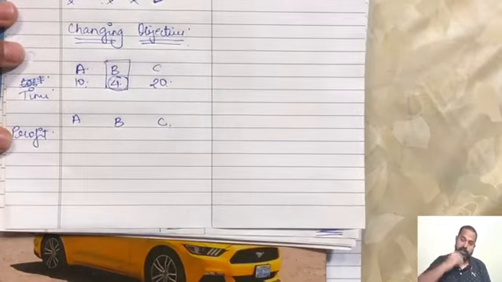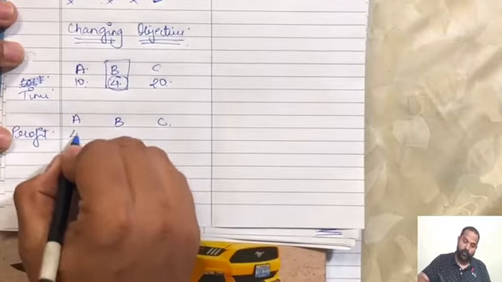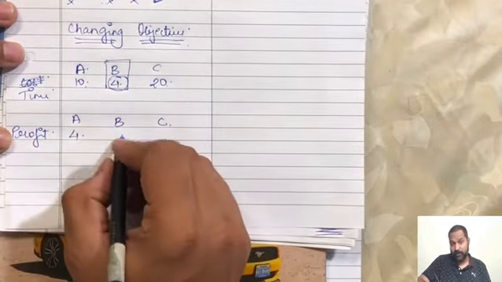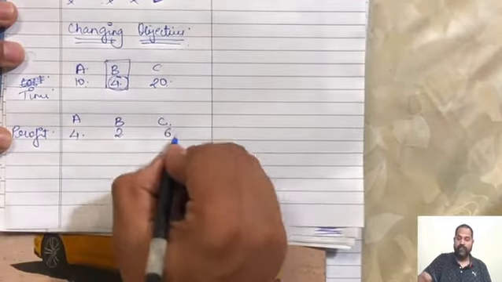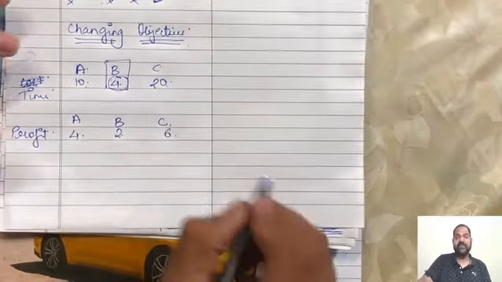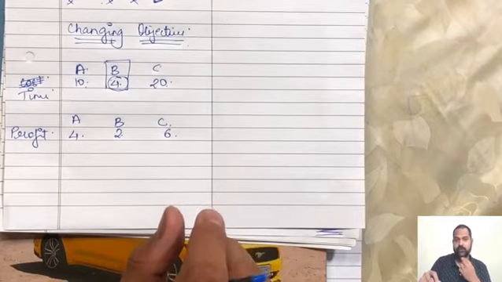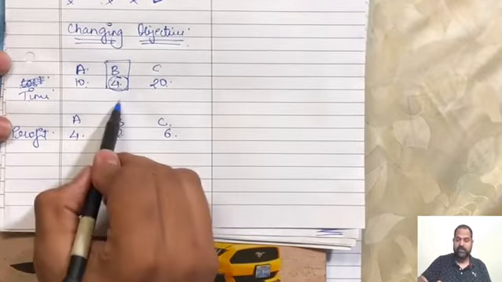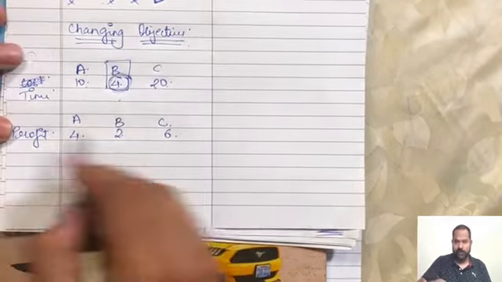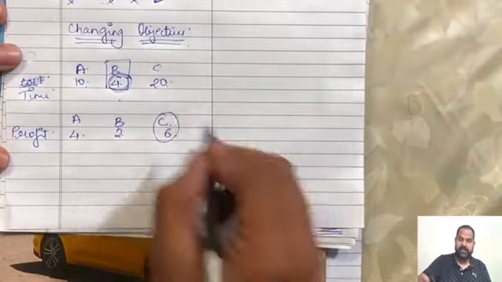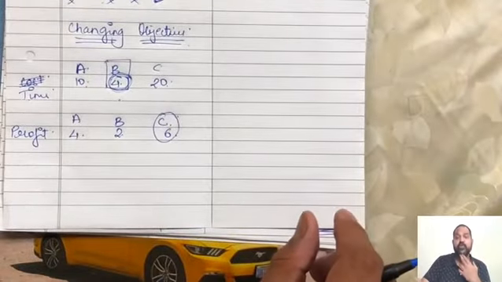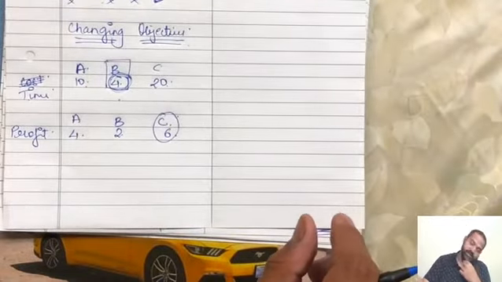When A works on a certain machine, I get a profit of 4 rupees. When B works on that machine, I get a profit of 2. And when C works on that machine, I get a profit of 6. Who do you choose? Well, obviously, when it was time, least is good; it's profit, so highest is the best. So I will choose worker C. Agreed. Nothing wrong with it. Fantastic.